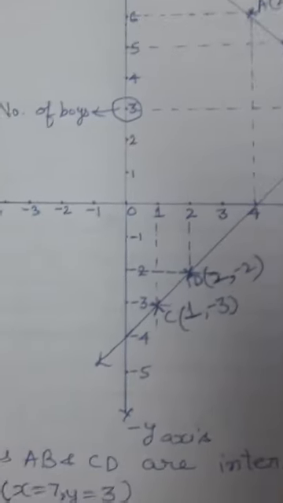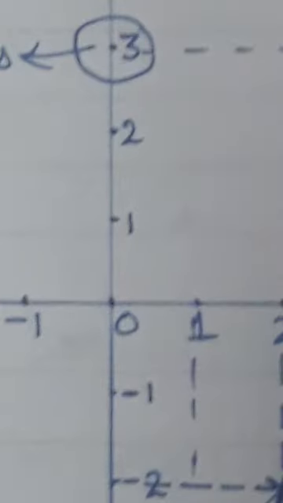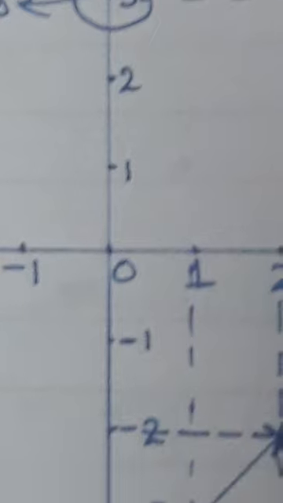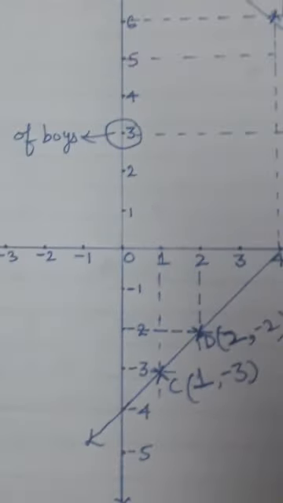X as 1. It means this one we are taking. Then we are getting the value of y as minus 3. So this one. Minus 3 is this. From minus 3 we are drawing a horizontal line, and from the x-axis we are drawing a vertical line downwards. And where both are meeting, say this point as C, and this is our 1 and minus 3. The first point for the second equation.